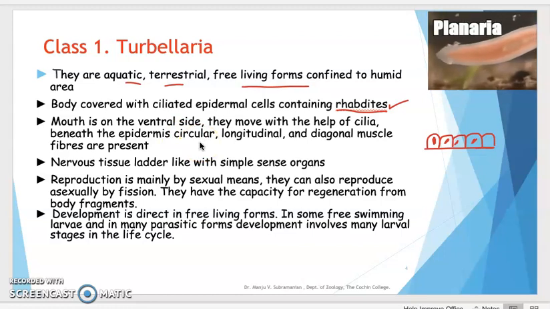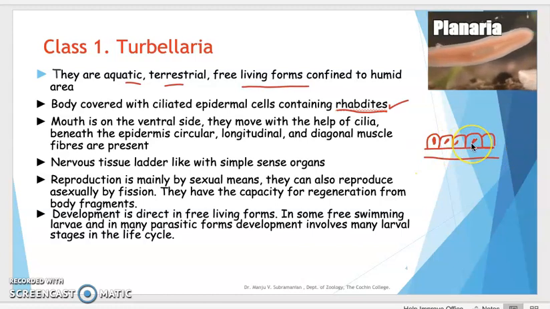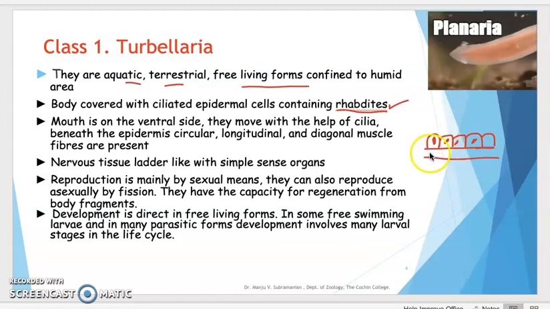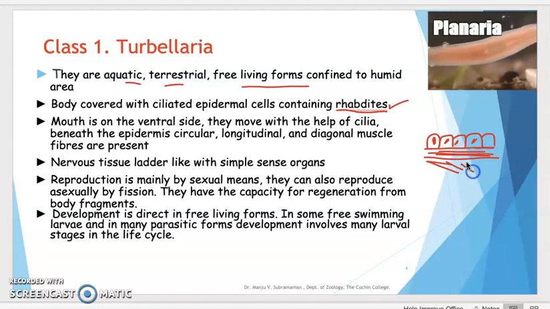Circular, longitudinal, and diagonal fibers are present. If you closely examine these epidermal cells, below the circular epidermis there are longitudinal muscle fibers, and the diagonal fibers are also present.